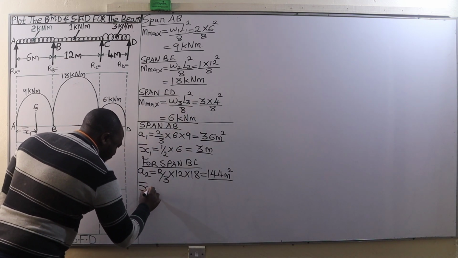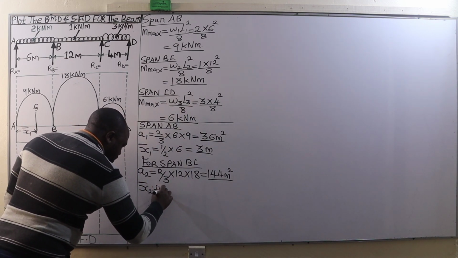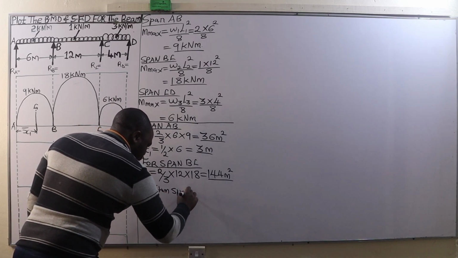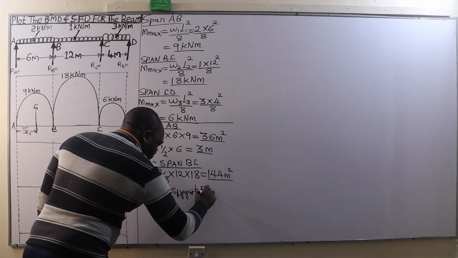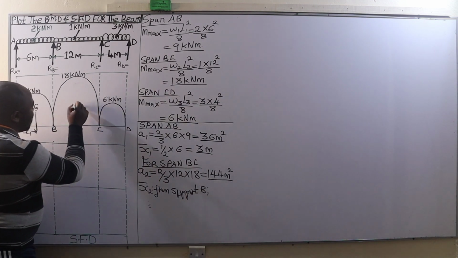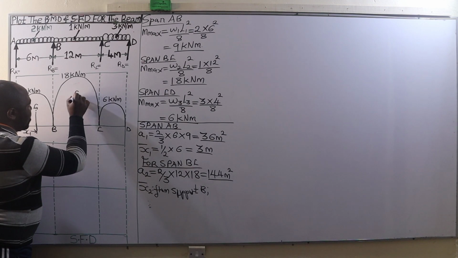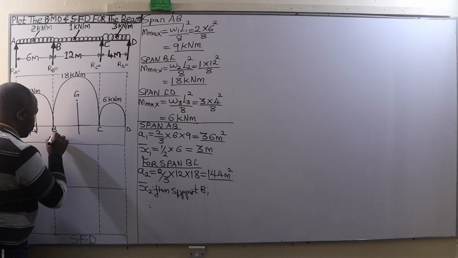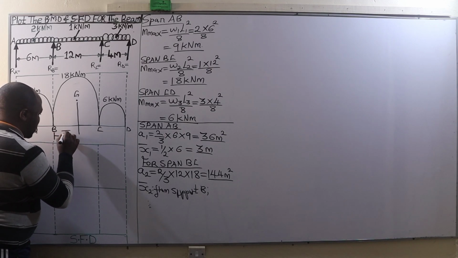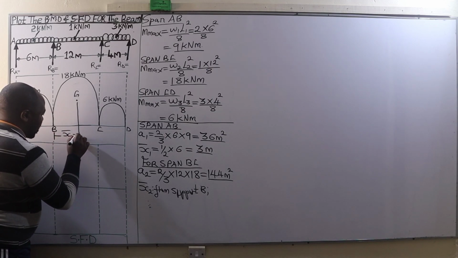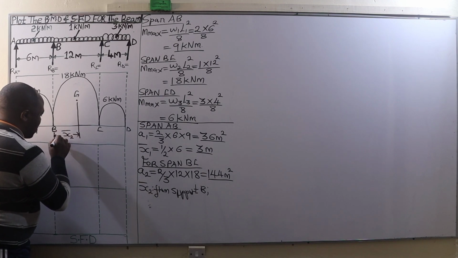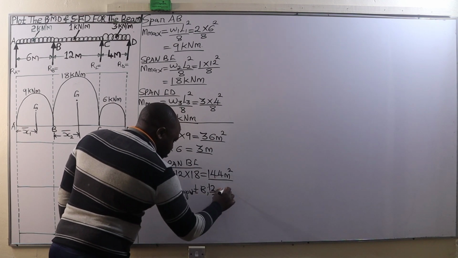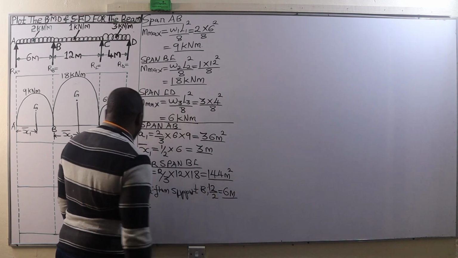Then we need bar x2 from the support B. And bar x2 from support B is the center of gravity of this bending moment diagram to the support B, which will be 12 meters divided by 2, which is 6 meters.